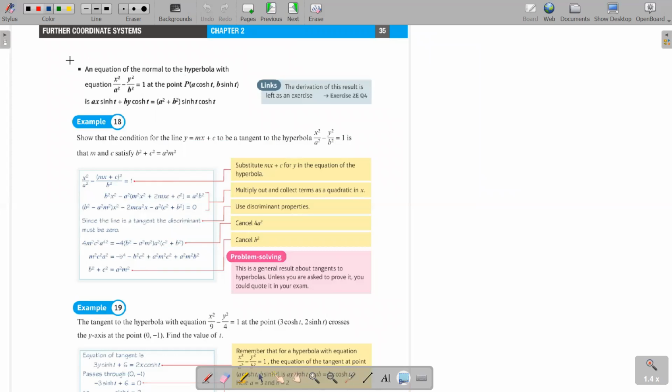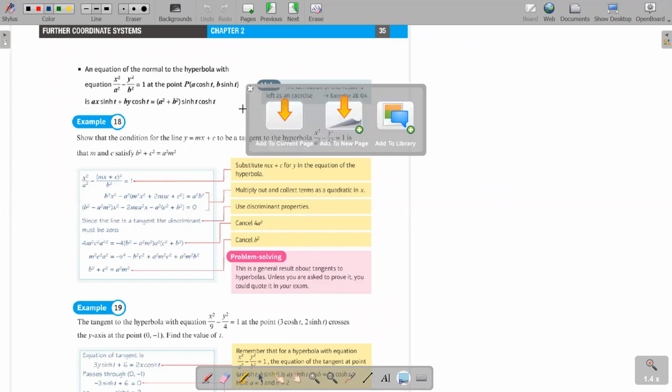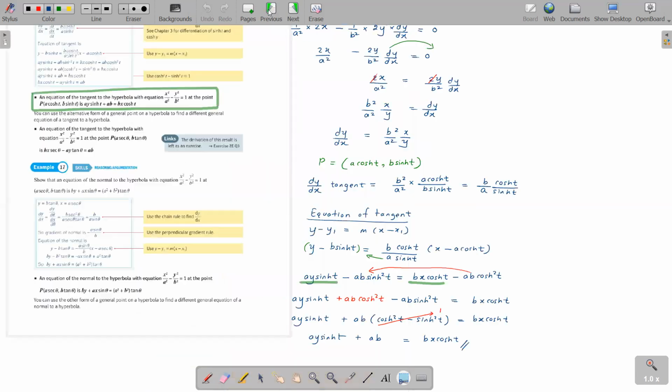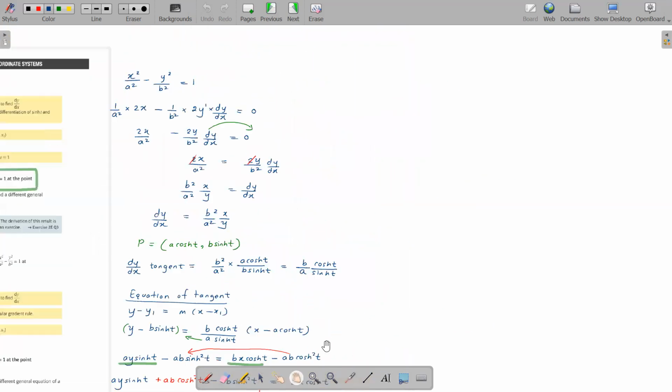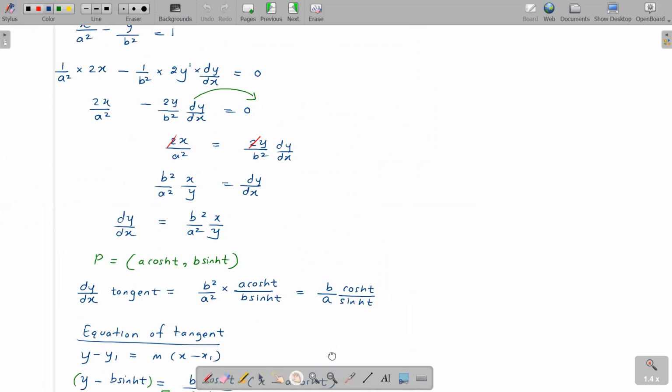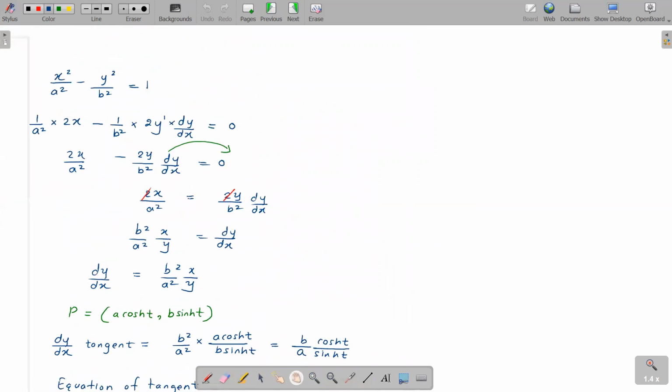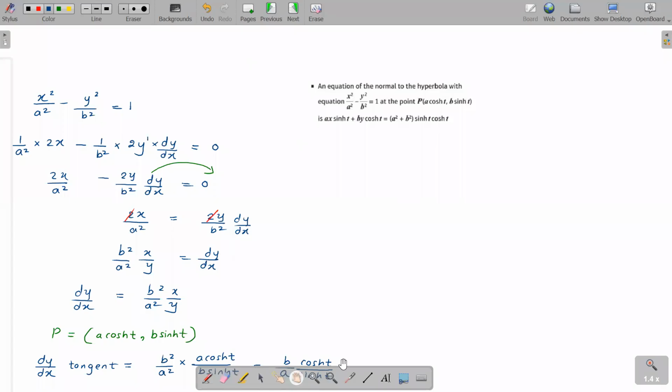So I'll take it to the other side and let's do this proof again. For the exact same ellipse, for the exact same point, let's get the equation of the normal now. So now we are going to do the same for the same point, and for the ellipse we are going to get the equation of the normal.